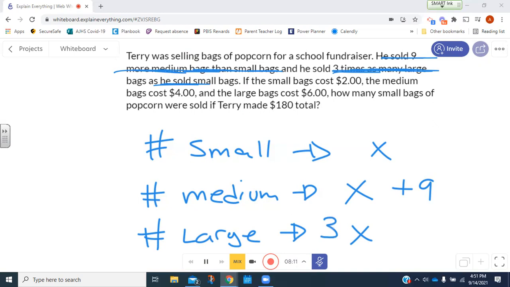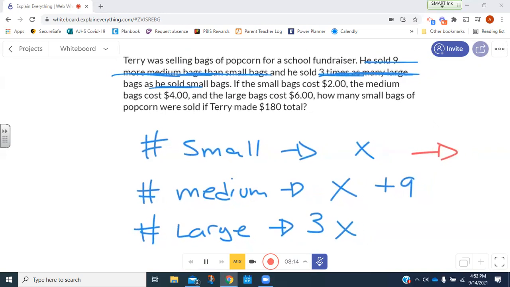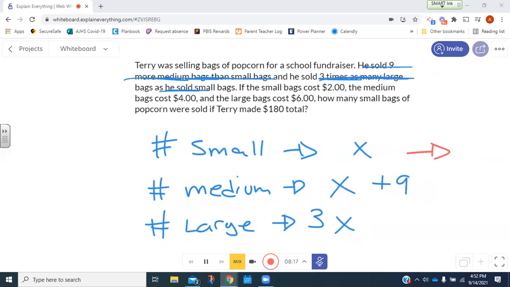But let's go ahead and associate our cost with each one of these. So we know that our small bags, however many are sold, cost $2 each, right? Our medium bags cost $4 each, and our large bags cost $6 each.